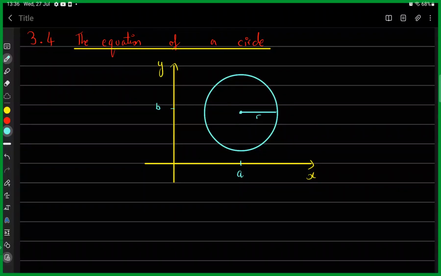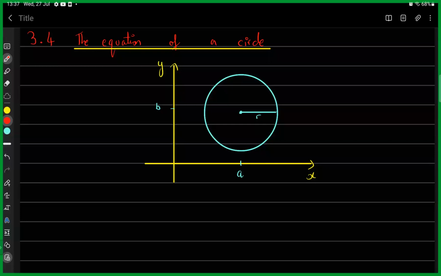So for every shape, things are different, but you guys get the idea from the equation of a straight line that we do have some key things about that very shape, which we need to use for making the equation of a circle or equation of that very thing. So for now, we're just talking about circles, and for circles, if you're interested in finding out the equation of a circle, or if you have an equation of a circle, just know that that is going to give you information about the center of the circle and the radius of the circle.